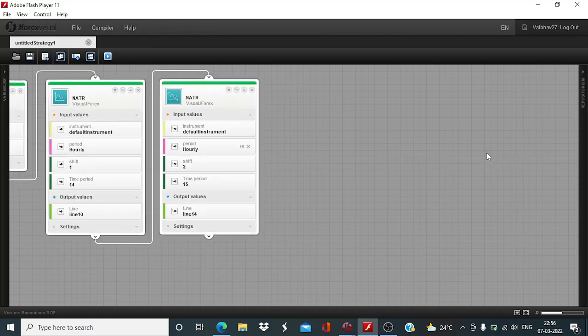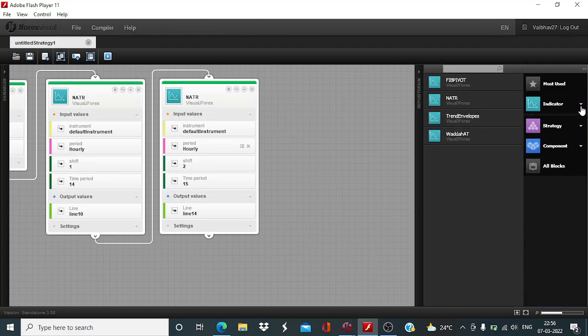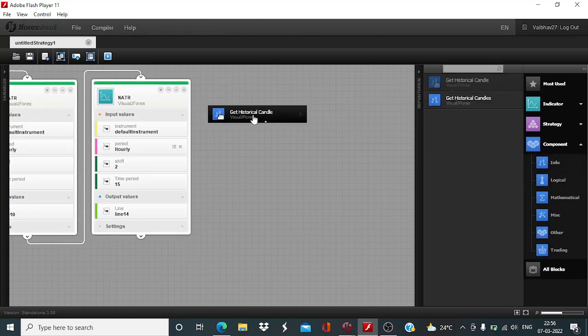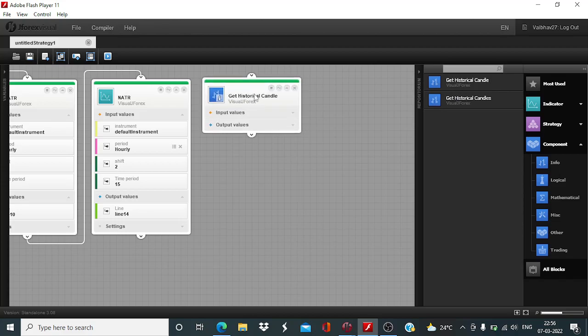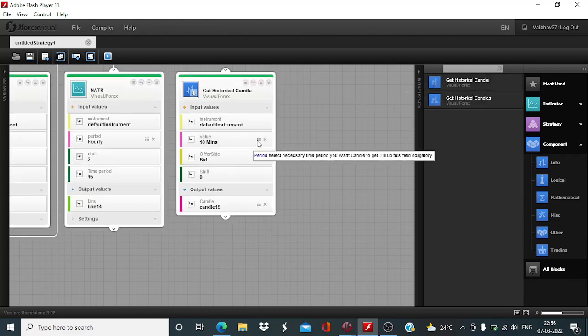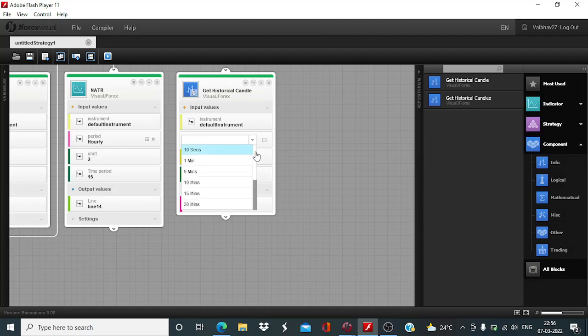Now to look at the price difference, we also have to look at the price volatility data, and for that we are going to need the info components, the get historical candle. Last hourly candle will do the job. So I will change the candle period to hourly here.